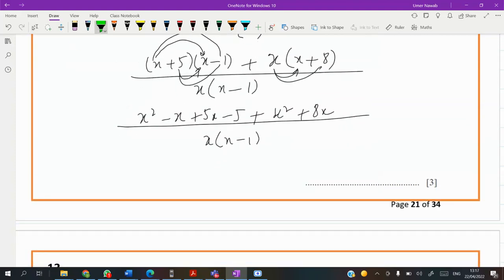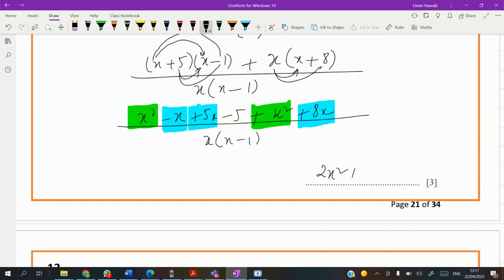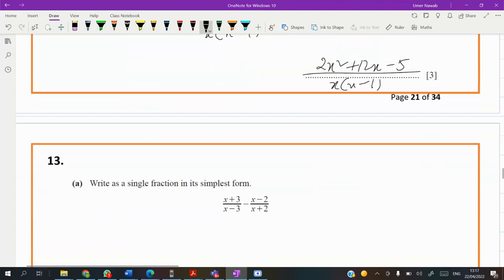Simplify. X squared with x squared, it is 2x squared, 5x minus x is 4x, 4x plus 8x is 12x, and minus 5 over x and x minus 1.